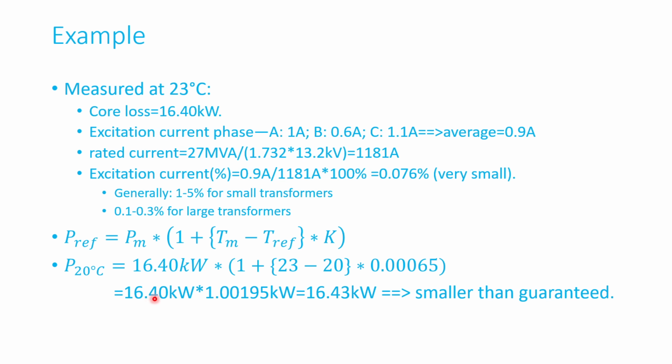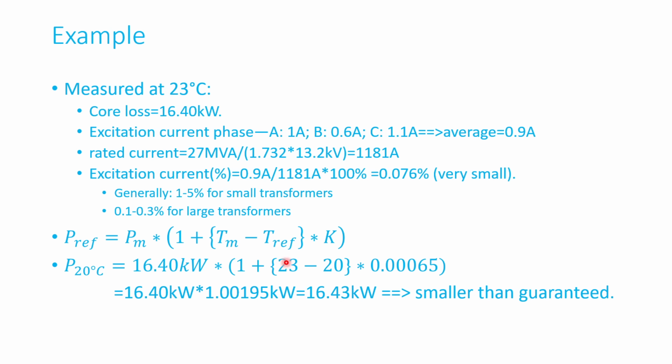So 16.4 kilowatt times 1.00195, which comes to 16.43 kilowatt. So it's small. This calculated value is smaller than the guaranteed value, which was 18, so the penalty does not apply in this case.